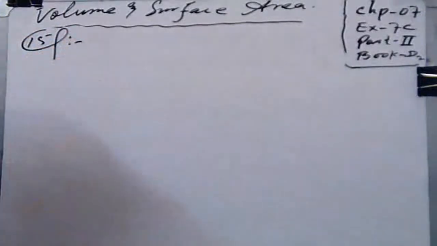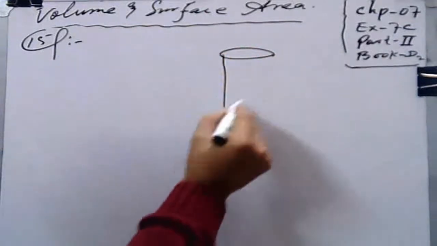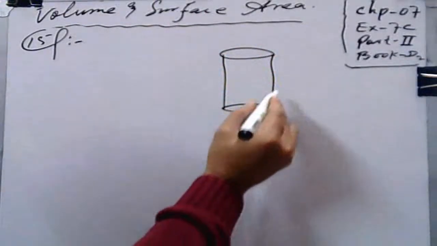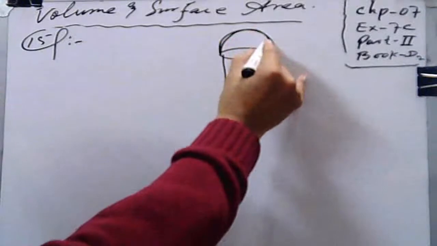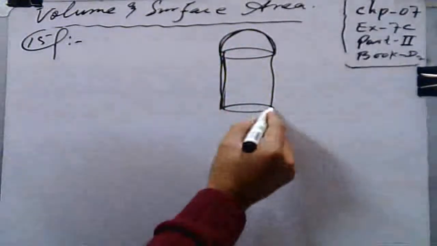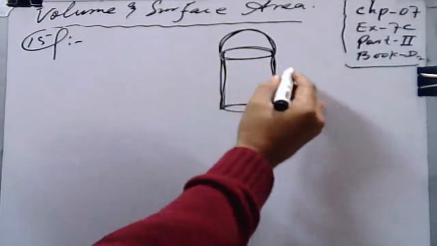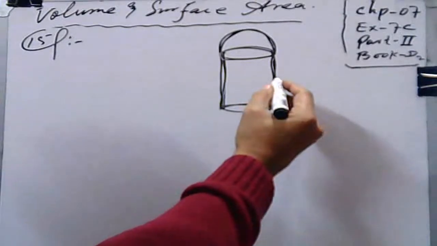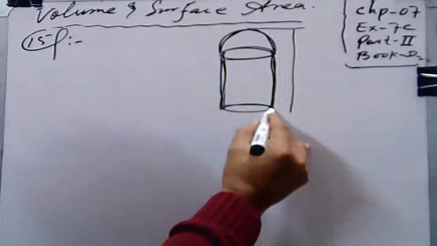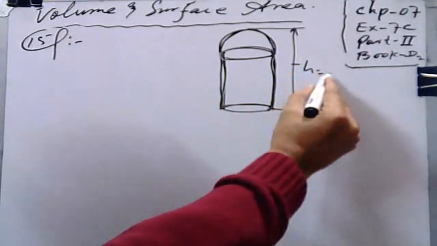The height of the hemisphere and cylinder together is 16.5 meter, and the diameter D is 4.7 meter.